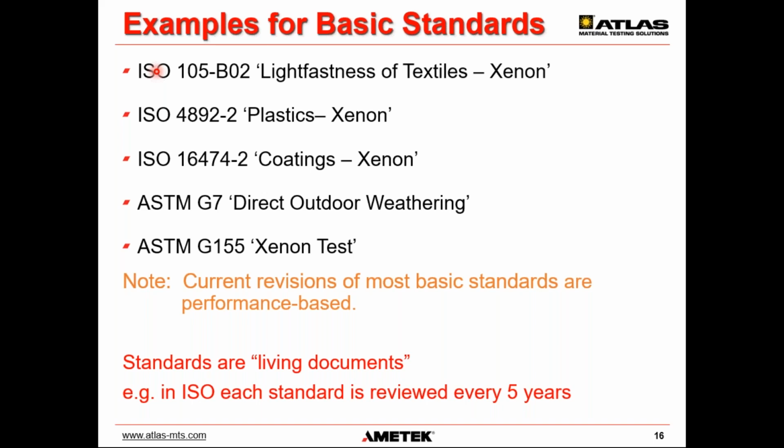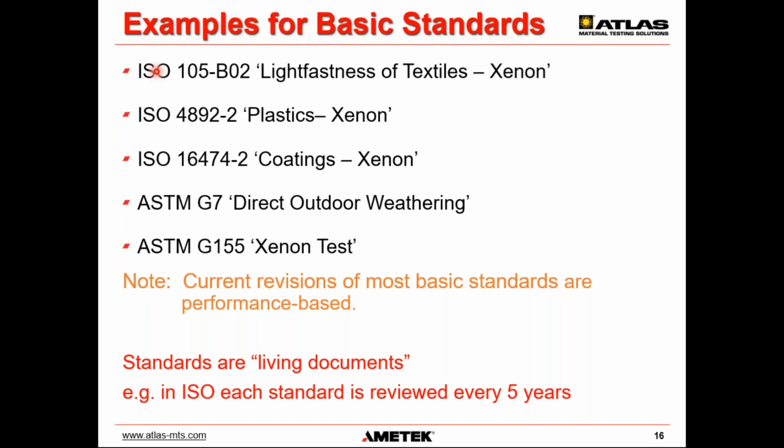For plastics, we have the ISO 4892 series of standards and ISO 4892-2 specifically for using xenon arc devices for testing plastics. Similarly, for the coatings industry, we have ISO 16474-2, which is the xenon standards for coatings, or as ISO refers to it, paints and varnishes.